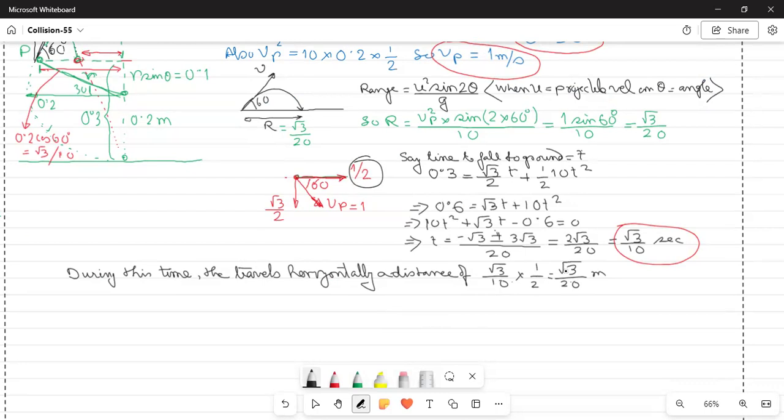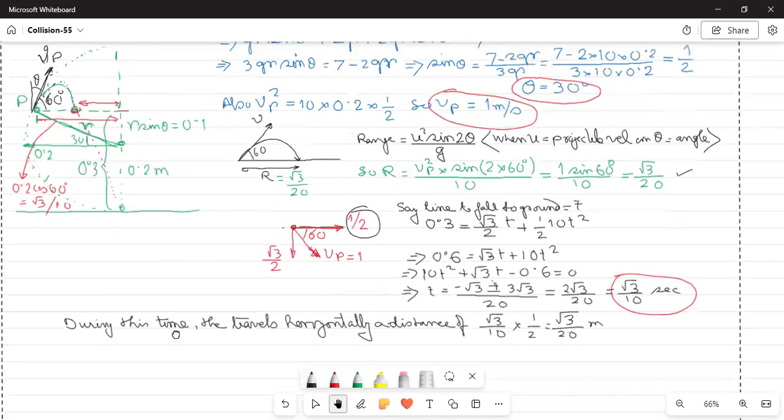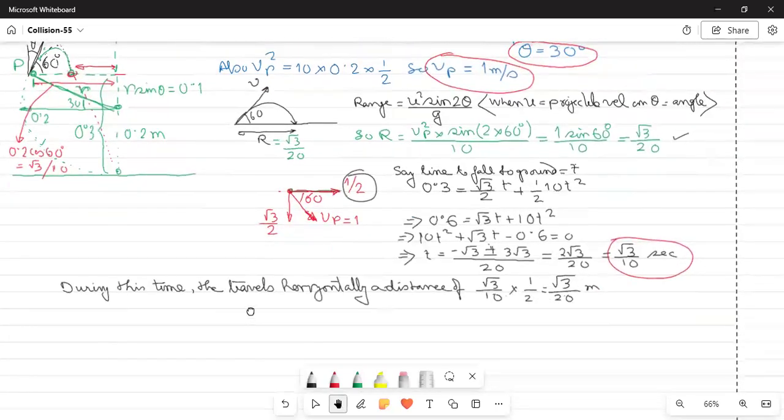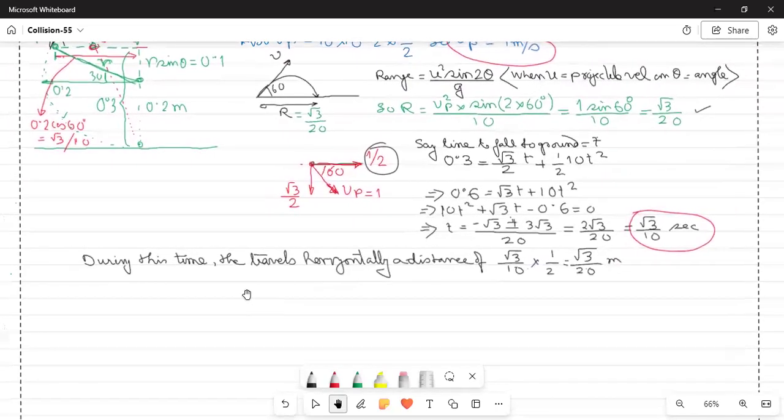Now you see the fun of the whole thing. Found earlier, the range was root 3 by 20. That means, coming to the picture once again, the projectile fell at a distance of root 3 by 20 from P, and thereafter x-axis movement is once again root 3 by 20. So total horizontal distance traveled by this is root 3 by 20 plus root 3 by 20 is equal to root 3 by 10.